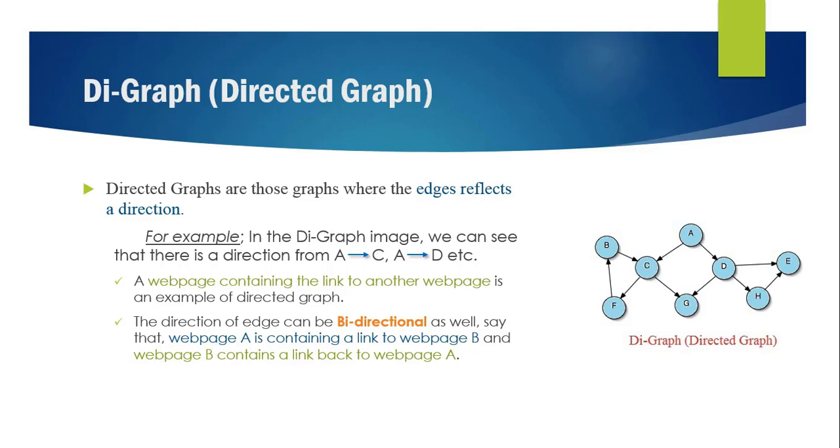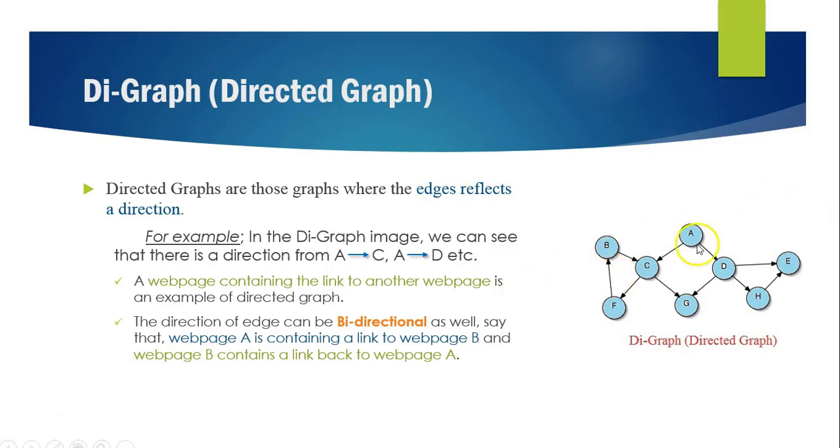For example, refer to the image on the right side and consider that the vertices A, B, C, D, etc. represent some web pages, whereas the edges represent the association between them.